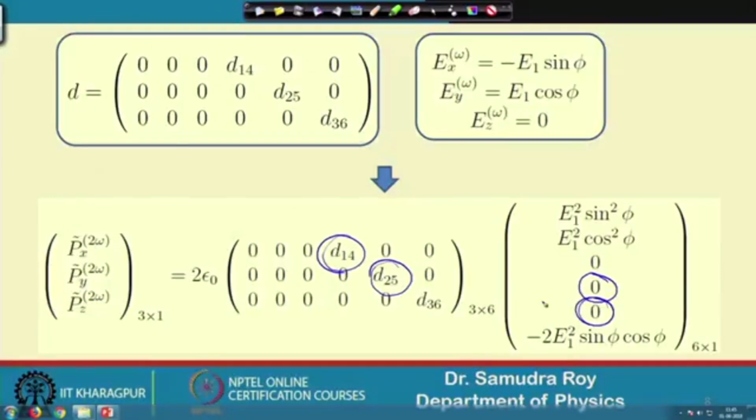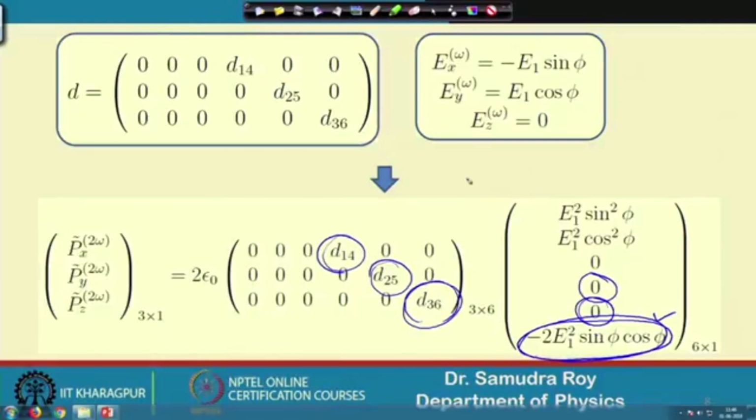So, we have p x 0, p y 0, exactly the previous case where we got p x 0, p y 0, but also p z was 0 there. But here we find that for p z we have d 361 term sitting here, that should be multiplied with the last term which is non vanishing right now. Because this term is non vanishing, we will get some kind of contribution out of that.